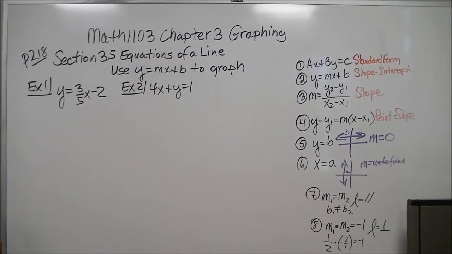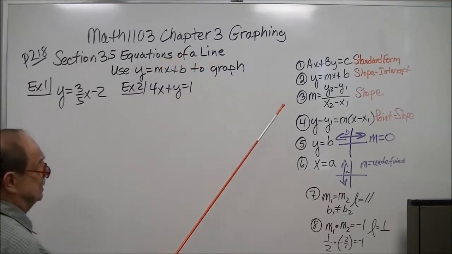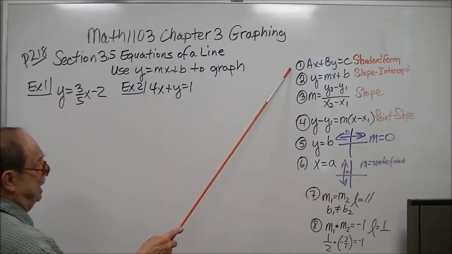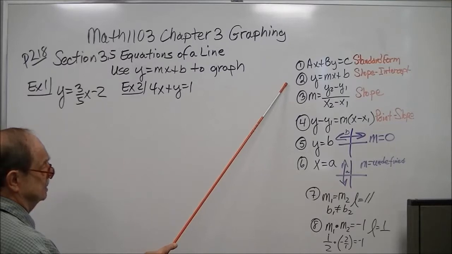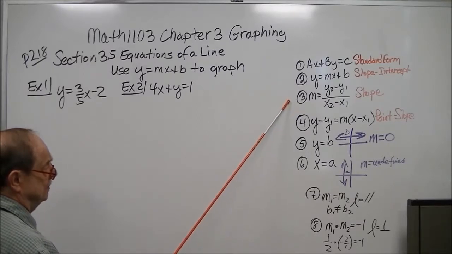Okay, we're going on to a new section, section 5, and this deals with equations of a line. Notice the plural. Well, we've had a number of equations. Here we had standard form, slope-intercept, point slope.